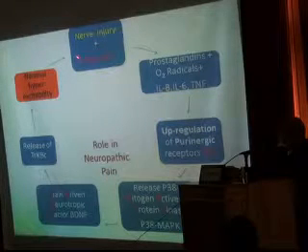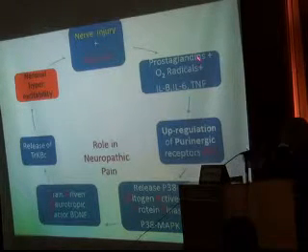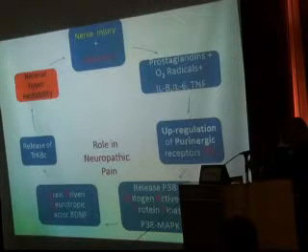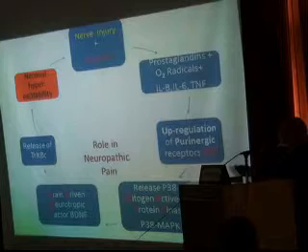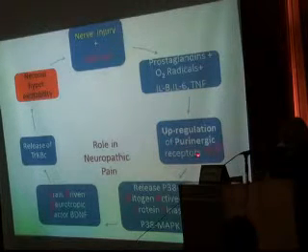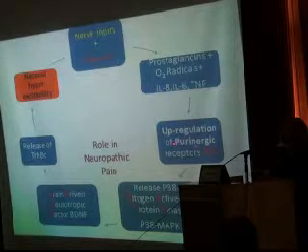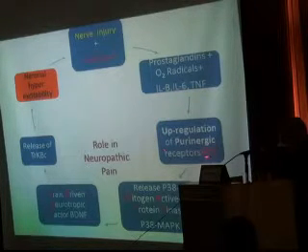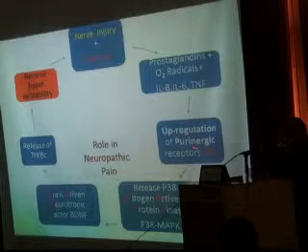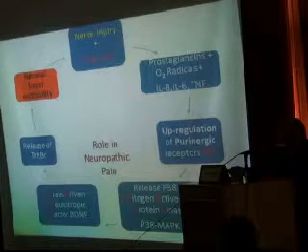you start with the nerve injury, then the glial cells will be activated, so prostaglandins and oxygen radicals will be released, with interleukins of different types and tumor necrosis factor. This will upregulate a new class of receptors called purinergic receptors. We call them P2X, the abbreviation for this new class of receptors.